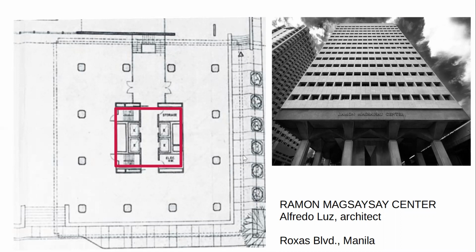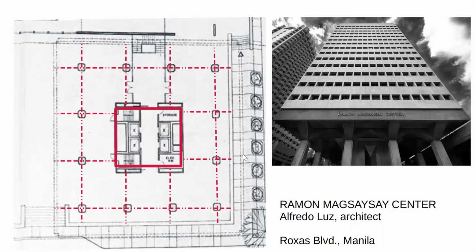In the middle is the core, where you have the 4 elevators and 2 fire escape stairs, an electrical room, and a storage area. And then the columns or support beams, and you can see here that the beams are all regularly spaced, such that they're 8 meters apart with that 4-meter cantilever around.